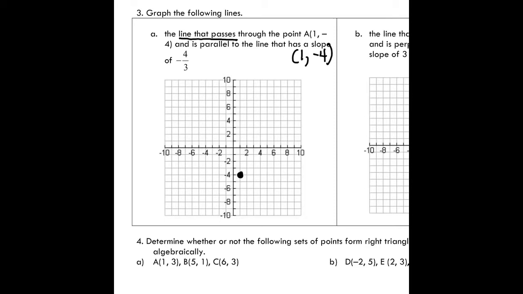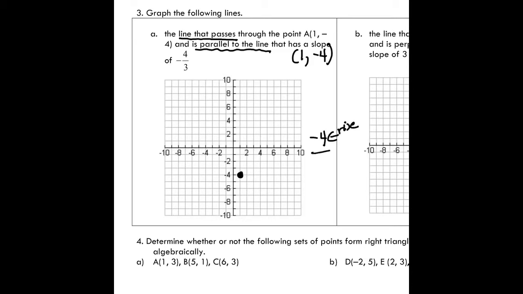It says the line is going to be parallel to the line that has a slope of negative 4 over 3. So I've got another line that has a slope of negative 4 over 3, but it's parallel to the line I'm drawing. If two lines are parallel, they have the same slope. So the other line has a slope of negative 4 over 3, but because it's parallel, so does the line that I want. It has a slope of negative 4 over 3. So I can start at this point of 1 and negative 4 and use my slope. My rise is negative 4.